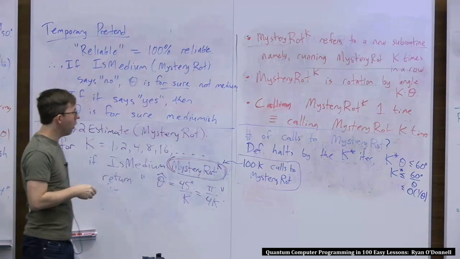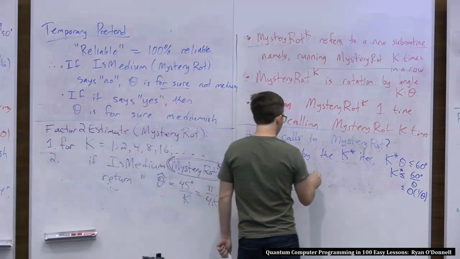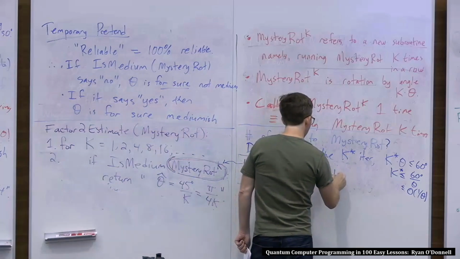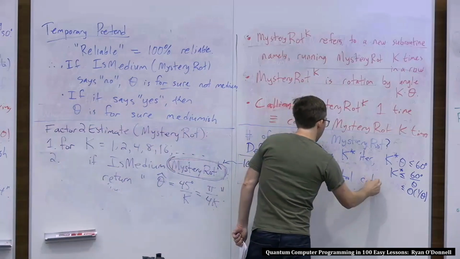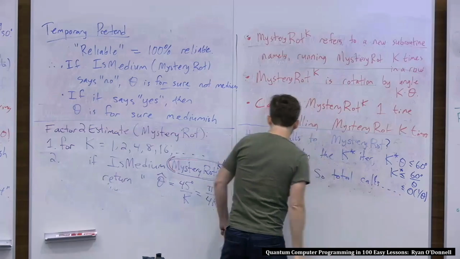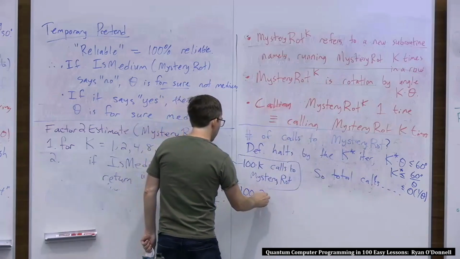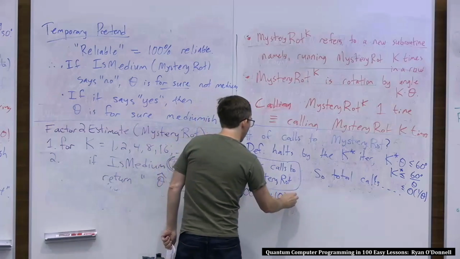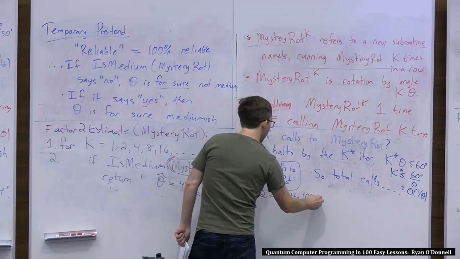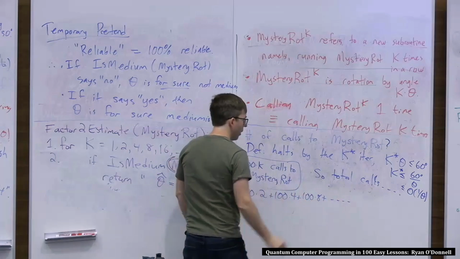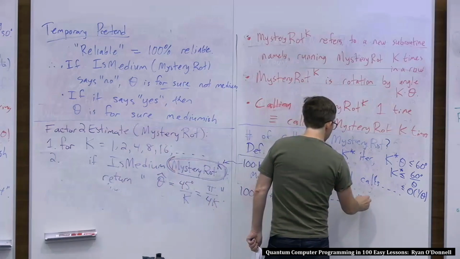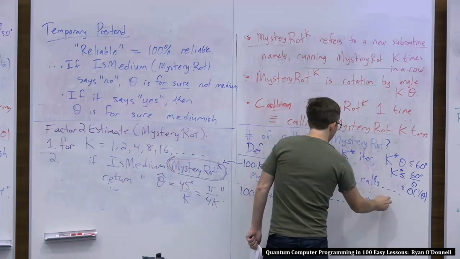So the total number of calls to mystery rot is, well, it's like 100 times 2 plus 100 times 4 plus 100 times 8 plus ... plus at most 100 times k star.